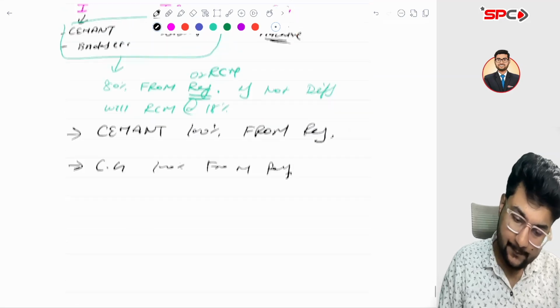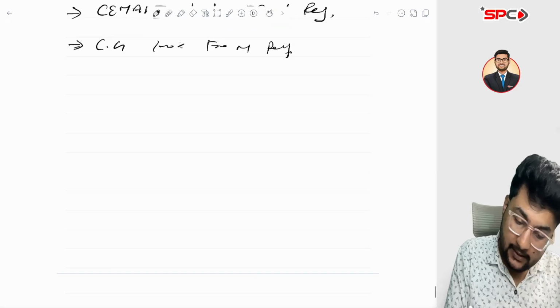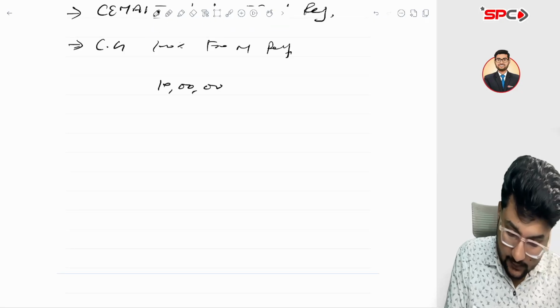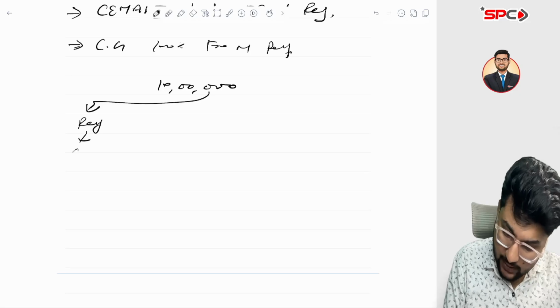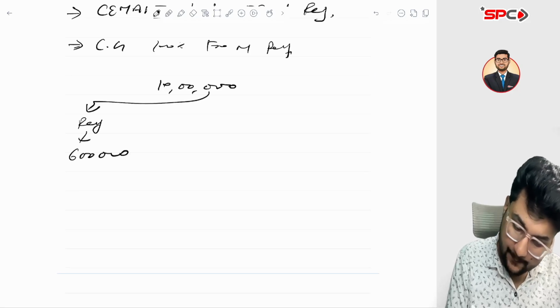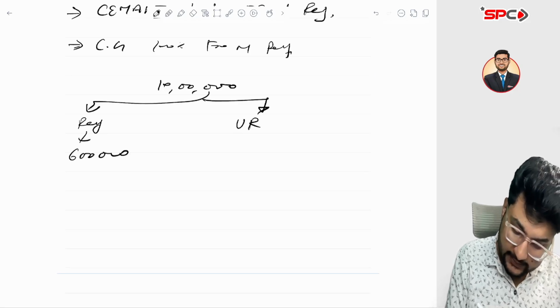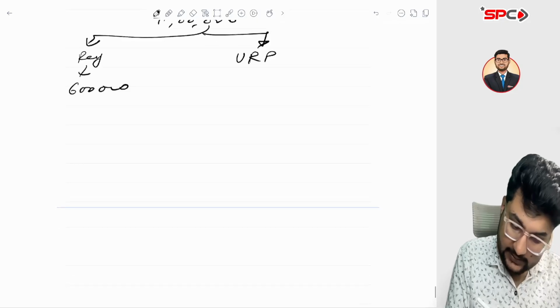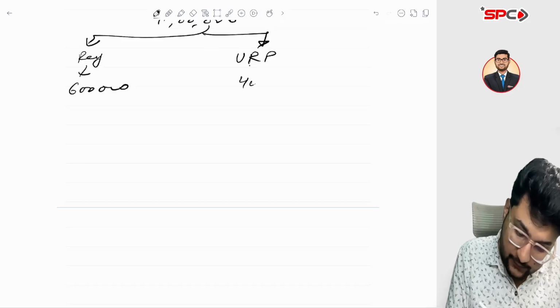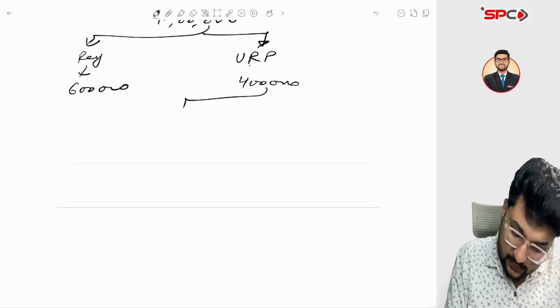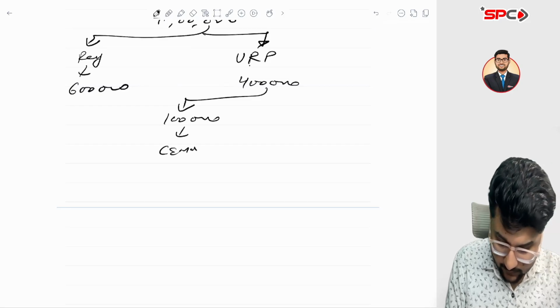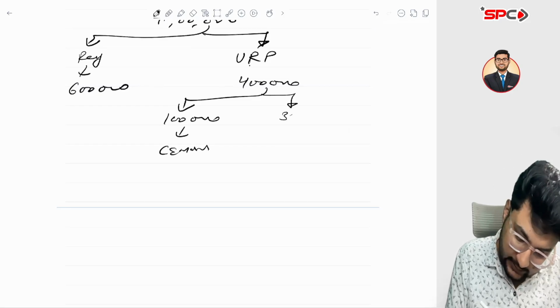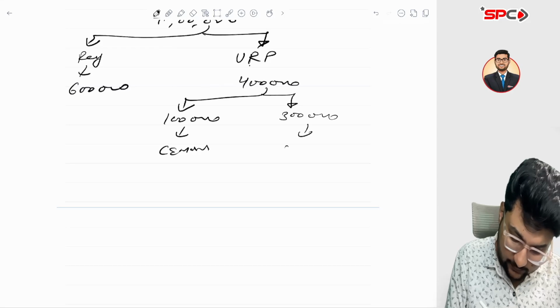Was it clear? Let's take an example. You have purchased 10 lakh. Out of 10 lakh, from a registered supplier you have purchased 6 lakh. From an unregistered person you have purchased 4 lakh. And out of 4 lakh, 1 lakh is related to cement, and another 3 lakh is related to other items.